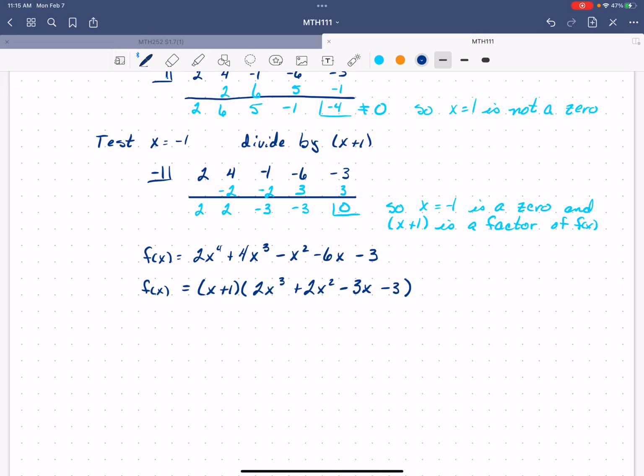Okay, well, remember what we're trying to do. We're actually trying to find zeros. Finding zeros is the same thing as solving that function equals 0, which we know by now means factor.